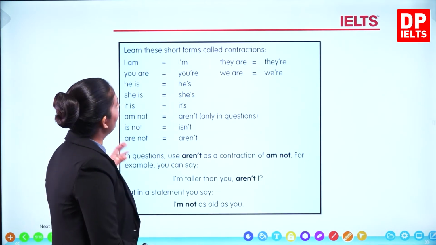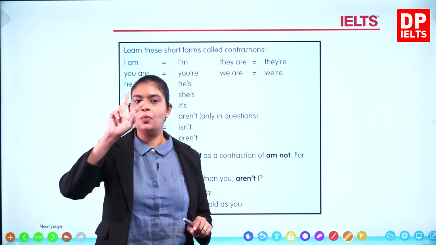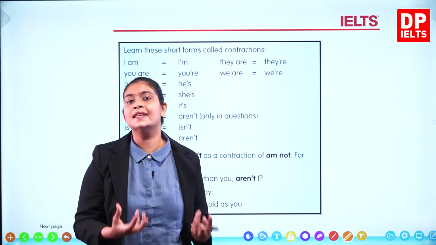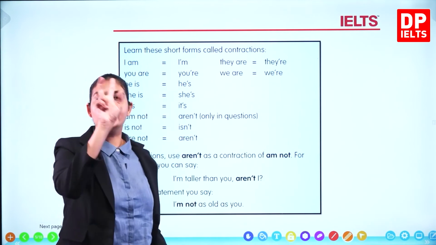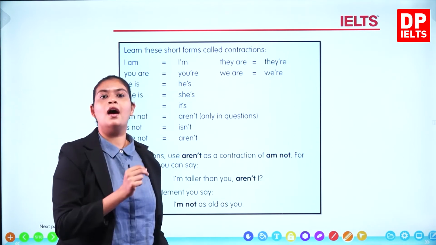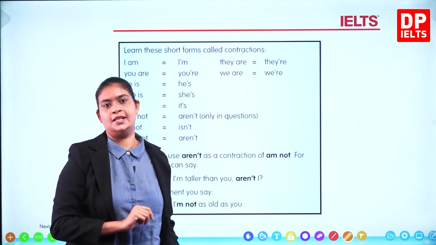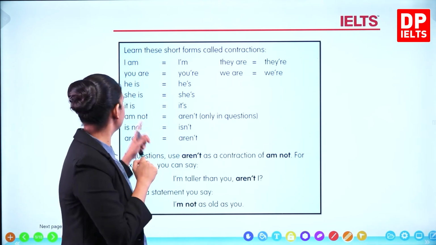Now, we'll have a look at contractions. Contractions are words that, when you put them together, you can use like a single word, right? Let us have a look at this. I am, when you put it together, I'm. She is, she's. He is, he's.